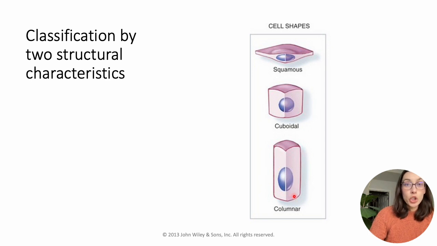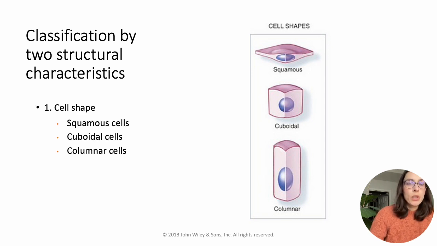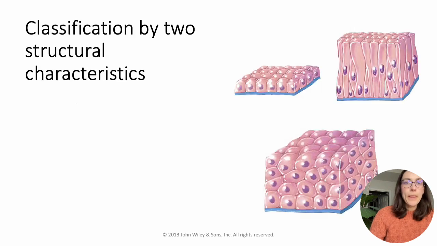And cells that are taller than they are wide and have a more oval nucleus are called columnar epithelial cells. Okay. So squamous, cuboidal, columnar. Those are three types of cell shapes for epithelial tissue.